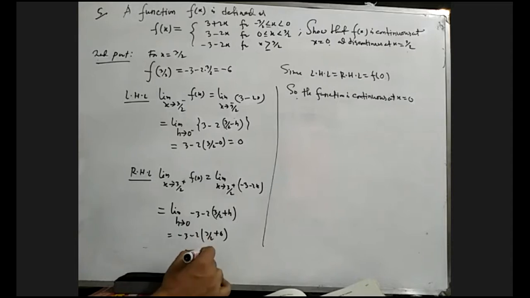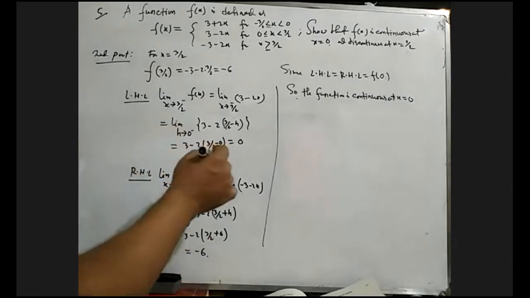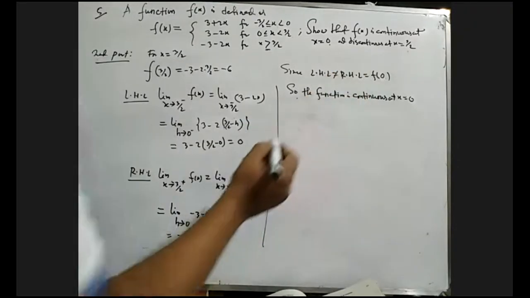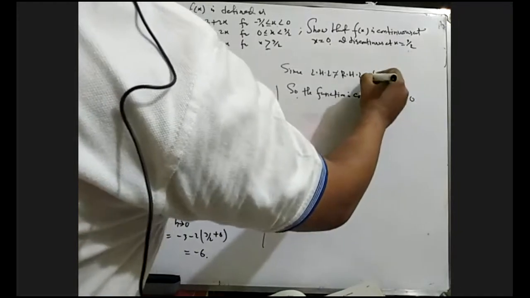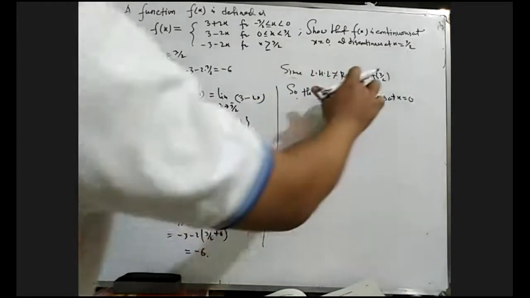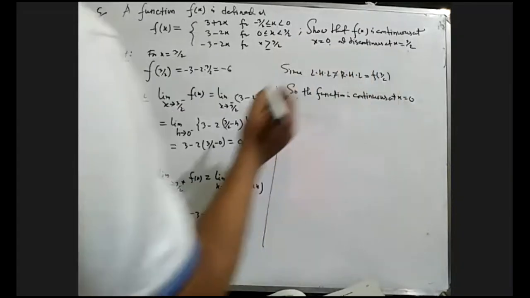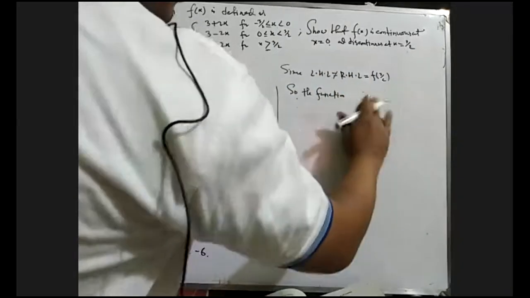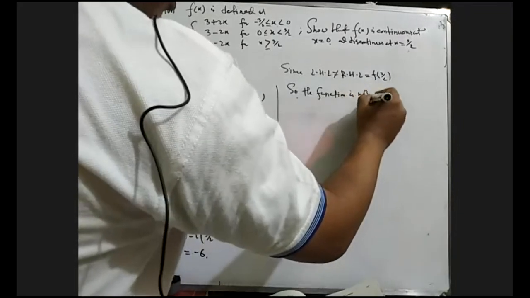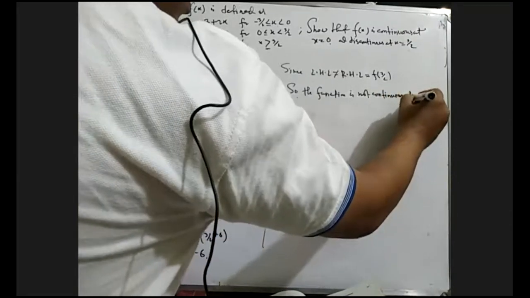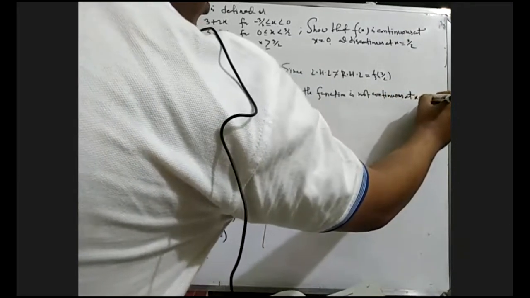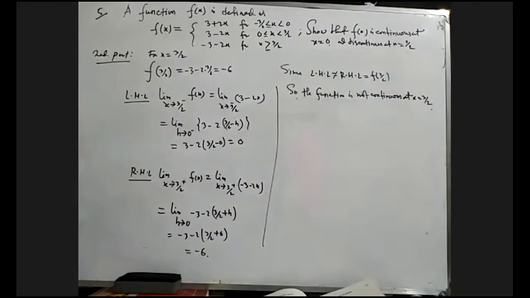So minus 3, what will be? Minus 6. Left hand limit does not equal the right hand limit, and does not equal, sorry, f of 3 by 2. So the function is not continuous at x equals 3 by 2. This is the second part. Very easy.